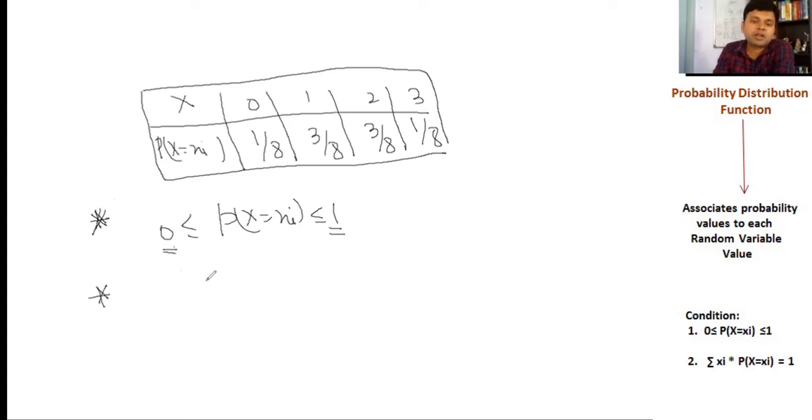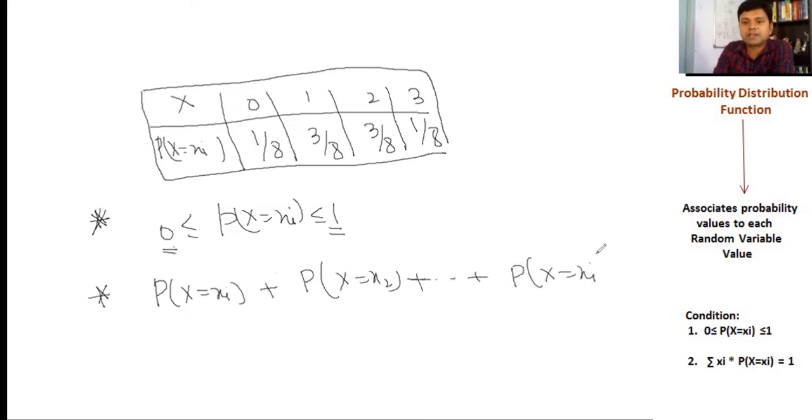And another important thing is that certainty is 1. So here 1 has been broken into 4 parts and distributed among all values of the random variable. So the sum of all probabilities will be 1. Probability of X is equal to x1 plus probability of X is equal to x2 and so on till probability of X is equal to xn should be 1.